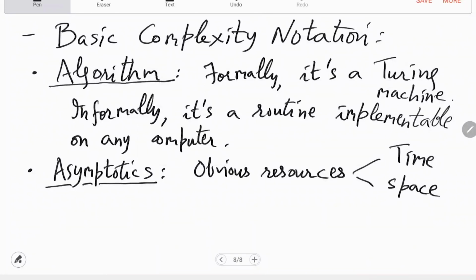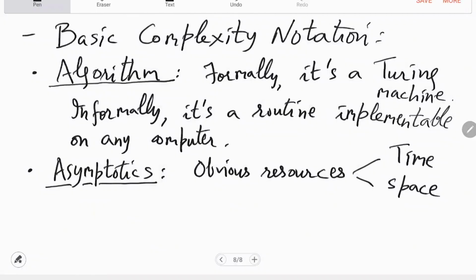Time is more important for us because once we say that the time is limited, obviously the space is limited by that, right? Because just to go through some space, you spend time. So once we say that time is small, automatically space is small. So in this course we will hardly ever make a statement about space.